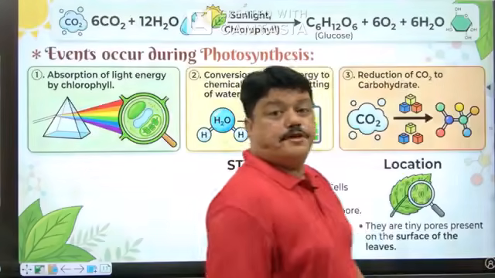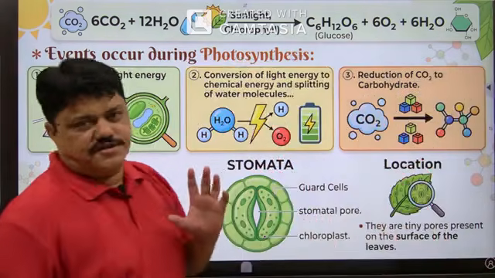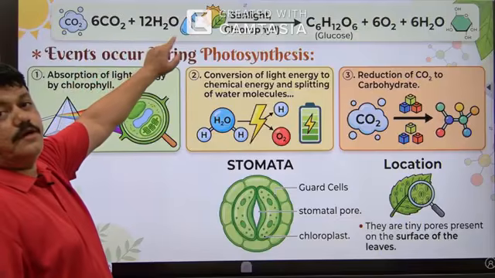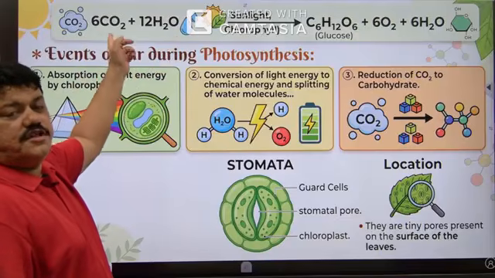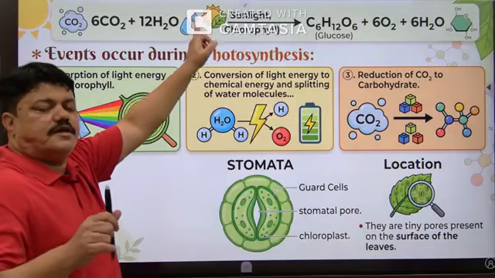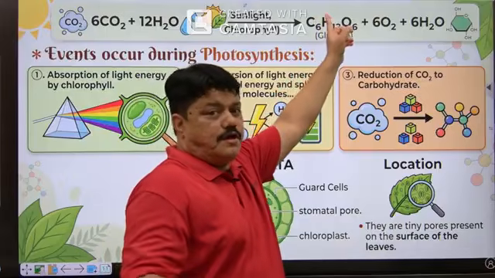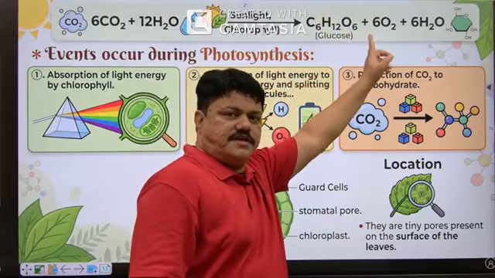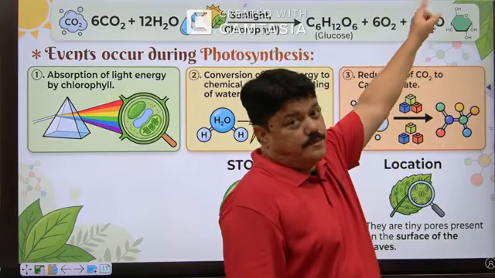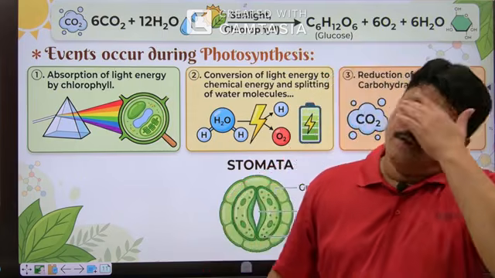Next, the simple equation of photosynthesis. What it states: 6 molecules of CO2 and 12 molecules of H2O, in the presence of sunlight and chlorophyll, give 1 molecule of glucose, that is C6H12O6, release 6 molecules of O2 and regenerate 6 molecules of H2O.